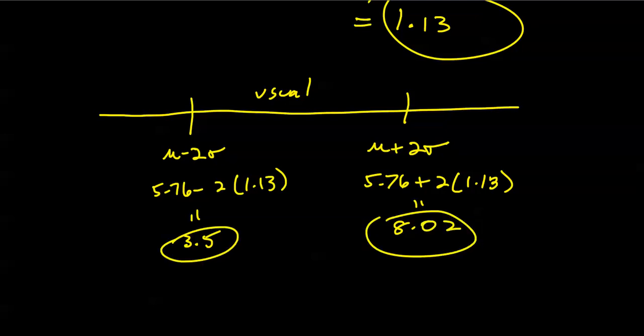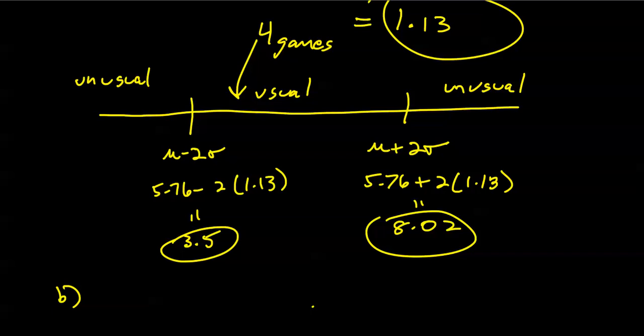If you win the World Series with a sweep, that's 4 games, not 4 wins, 4 games. 4 games is within these bounds of being usual. Anything out here would be unusual.